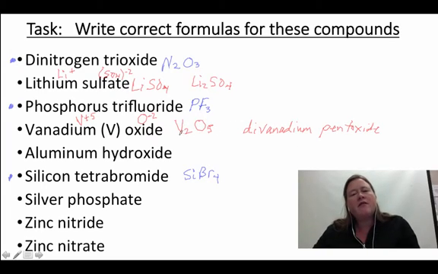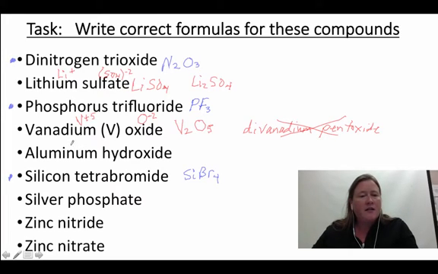You would say, no, Mrs. Banky, that can't possibly be right because vanadium is a metal, and the only time we use prefixes is if you have 2 elements that are non-metals. So this can't possibly be the name. It's just vanadium, and we have to indicate 5 oxide because of that +5 charge, all right?